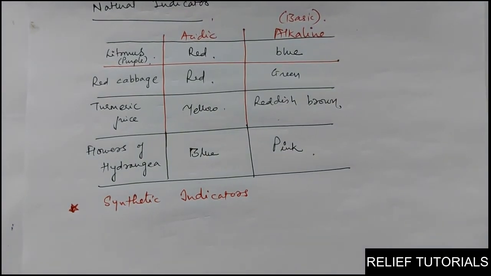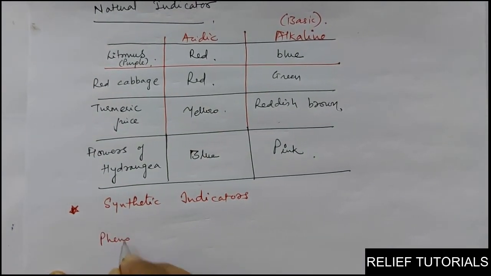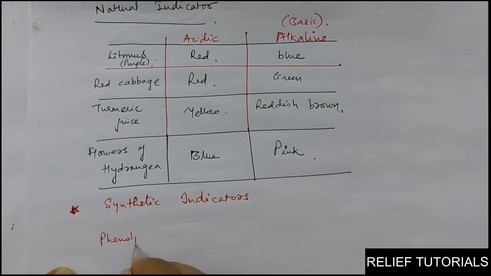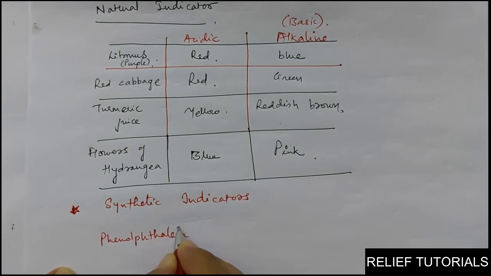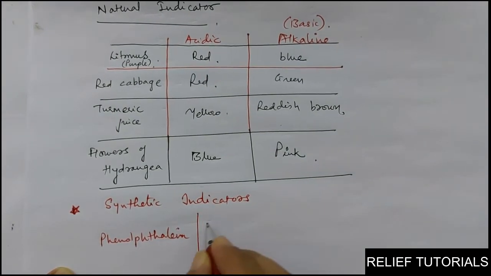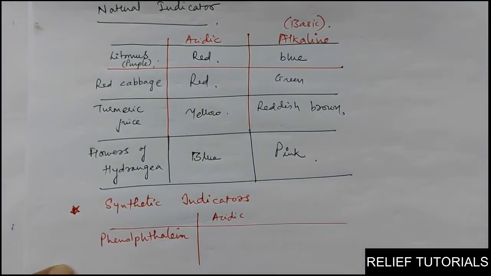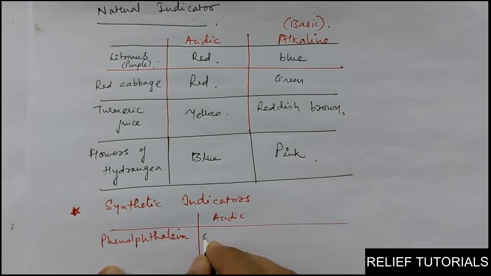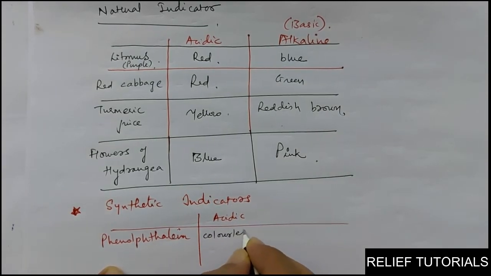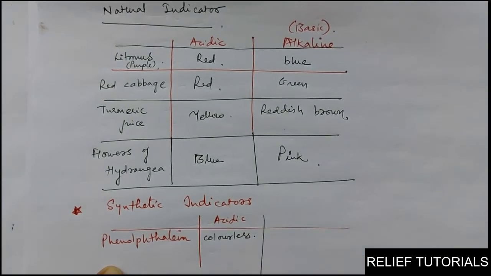The first one is phenolphthalein, a very famous name. Phenolphthalein indicator in acidic medium remains colorless, in basic medium it turns to pink.